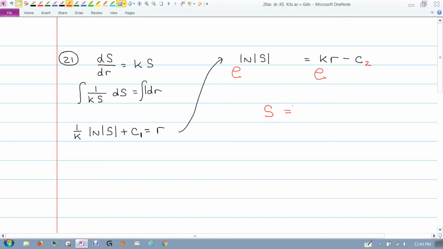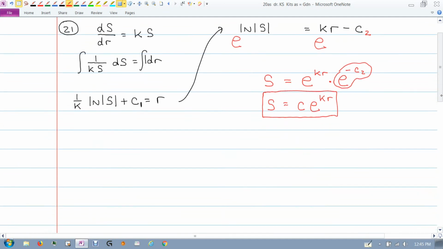And on the right hand side, we're going to get e to the kR times e to the negative c2. And remember, this right here is still just a constant, so I'm going to call that lowercase c, and then e to the kR. Okay, so that's a relationship between S and R, and it includes the constant k.